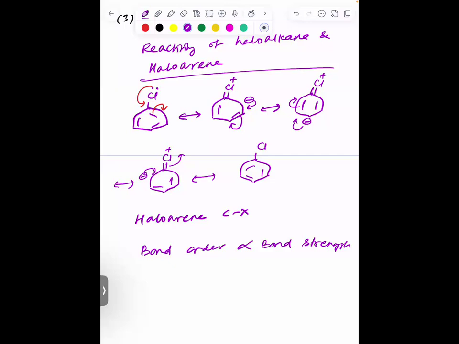Okay, so write: in haloarene, the carbon-halogen bond has partial double bond character, as a result of which it is less reactive than the aliphatic halide. RX is what we call an aliphatic halide.